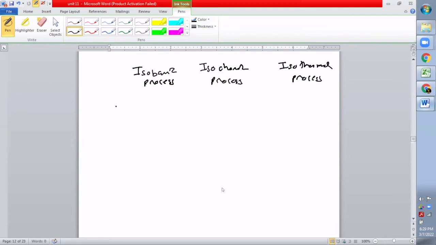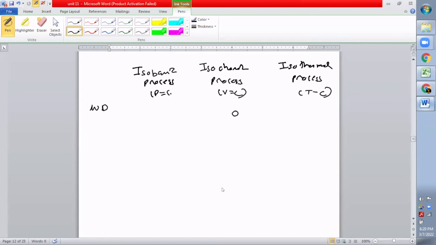Okay, so for this, what is the value of work done in the isochoric process? First we'll talk about the isochoric process, where volume is constant. What is work done in the case of a constant volume process? Yes, just revise. It is equal to 0.